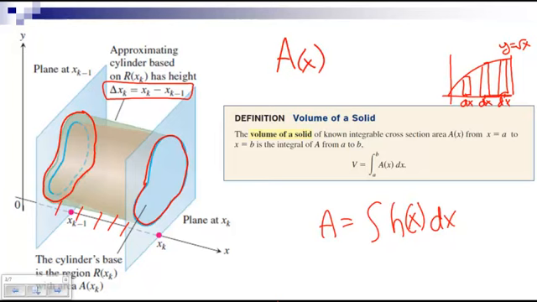We're going to break it into an infinite number of slices. So we don't have a thick delta x slice of that volume. We have an infinitesimally thin slice of that solid. How thin? dx thin. Leading us to the idea that the volume of the solid can be equated as the integral from a to b of A sub x dx.